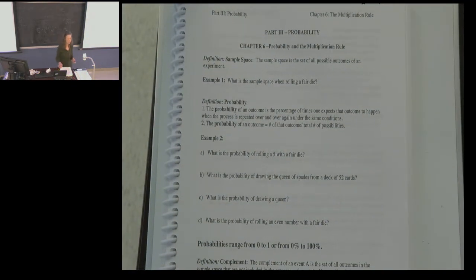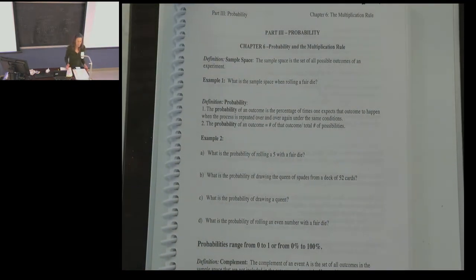Okay, so probability. What I'm going to be doing in probability is really simple stuff, and most of you probably have already seen this, and a lot of it is intuition. The reason we're going to cover probability is because we're moving on to inferential statistics, and all the methods that we're going to be using in inferential statistics rely on probability models.